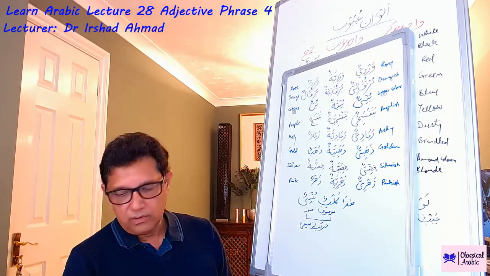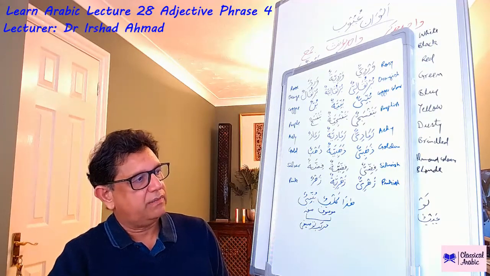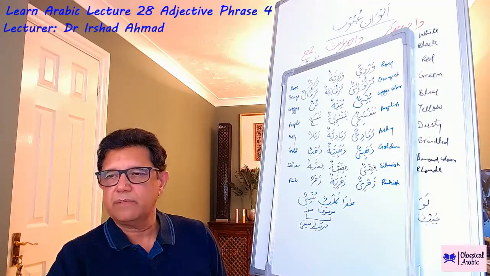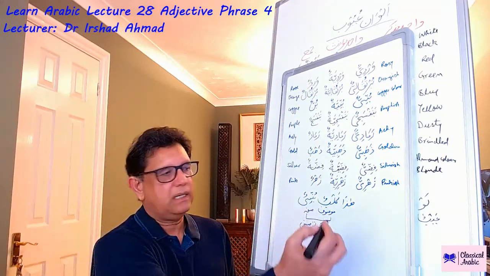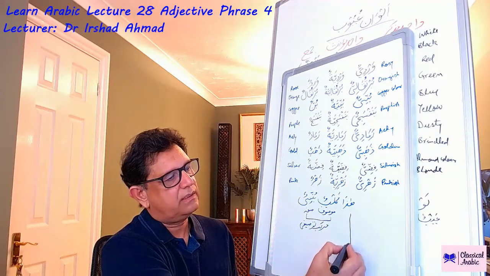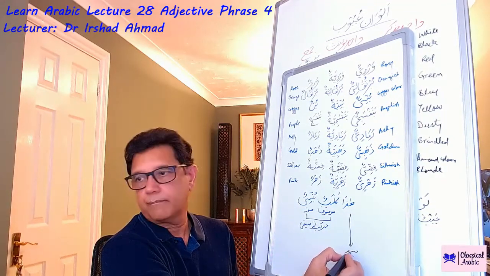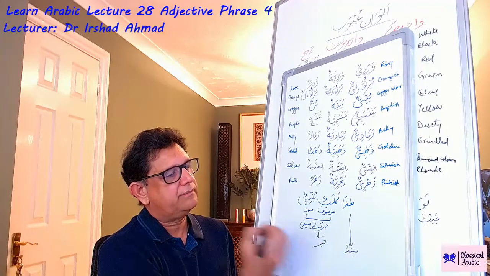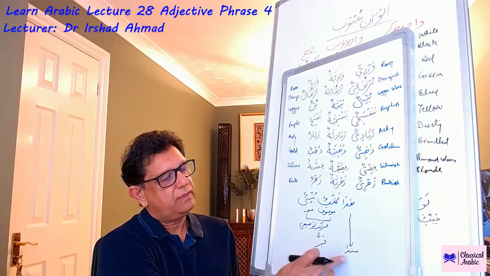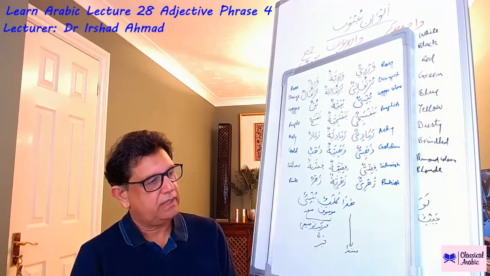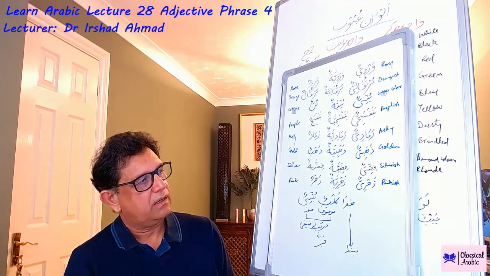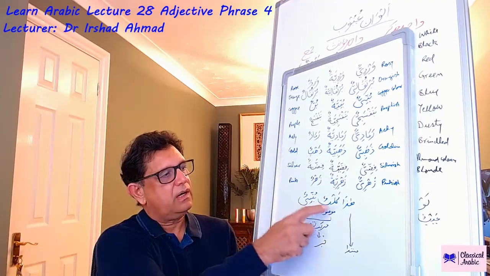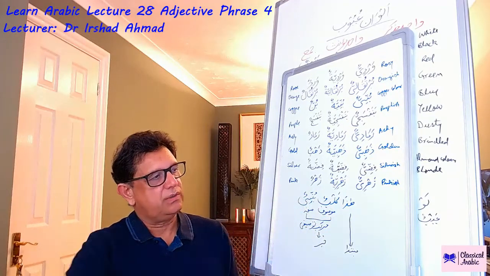We know that all demonstrative pronouns are definite, and because it is at the beginning of this sentence, it has the potential of becoming our mubtada, being definite and at the beginning of a sentence. So that's our mubtada, and this murakkab tawsifi here is our khabar. So mubtada and khabar combine to make jumla ismiya khabariya. So this is a brown dog, haza kalbun buniyun.